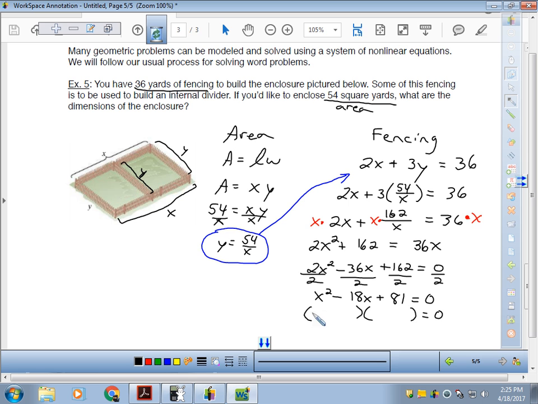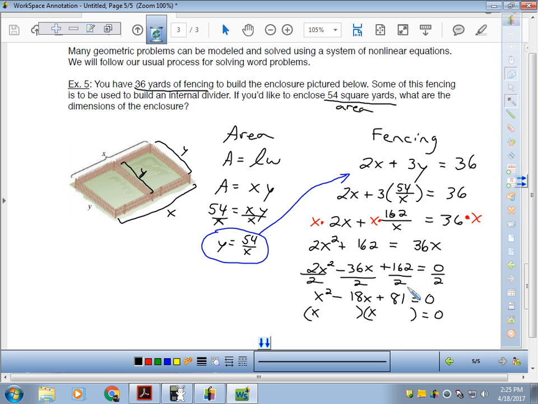So to make x squared, I need x times x. To make 81, let's see, it could be 1 and 81, or it could be 3 and 27, or it could be, can't be 6, it could be 9 and 9.